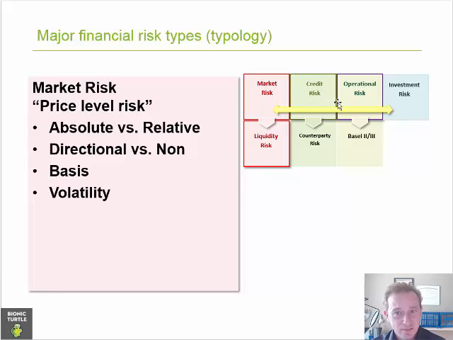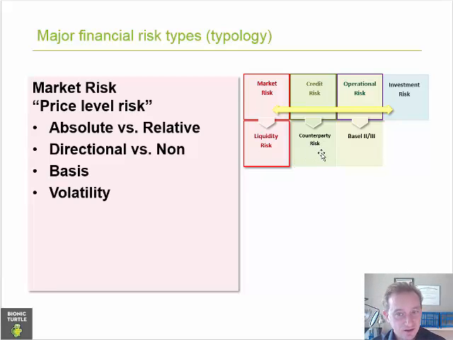These three buckets, market, credit, and operational risk, constitute a lot of what we end up studying in Part 2 of the FRM. Now there are obviously many additional variants, but some of these are just sub-risks. For example, liquidity risk is very important and has been in recent years since the crisis, but arguably that is a subclass of market risk, depending on the position we want to take.